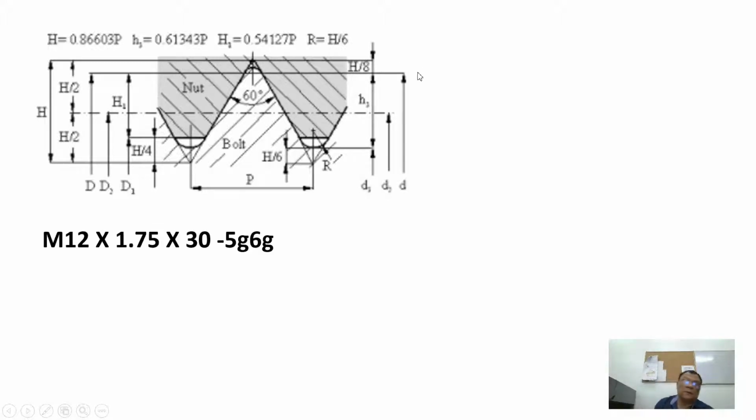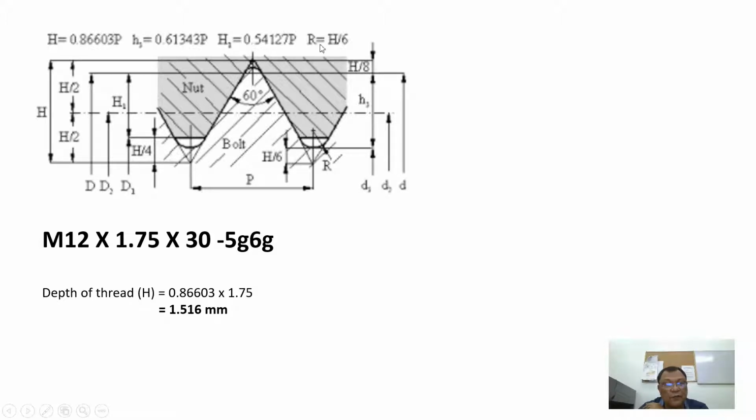Now, our sample is M12 by 1.75 by 30 slash 5G 6G. Given the pitch, we can solve for the depth of the thread, H. By substitution, we have around 1.516 mm. That is the depth of the thread.